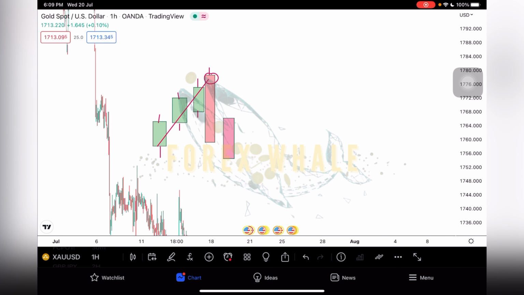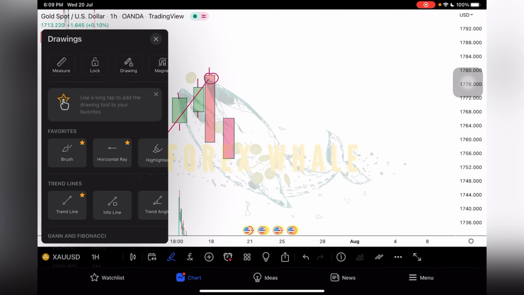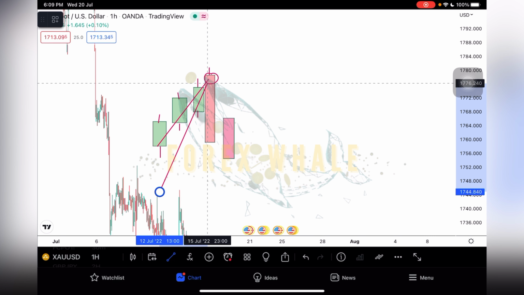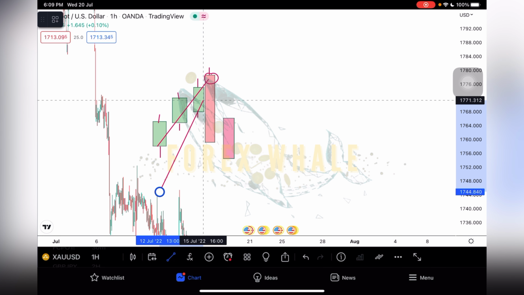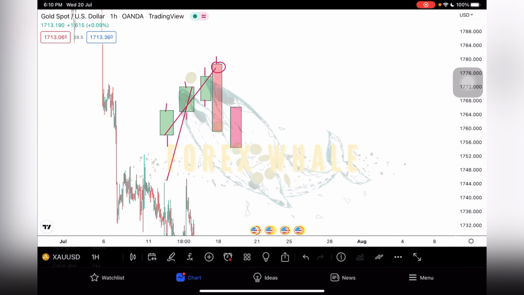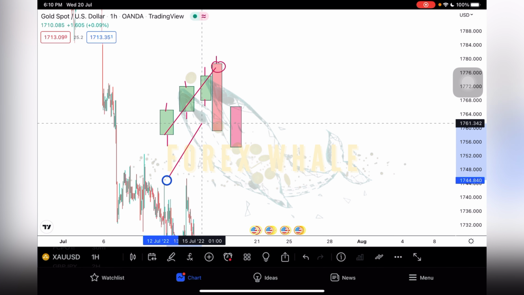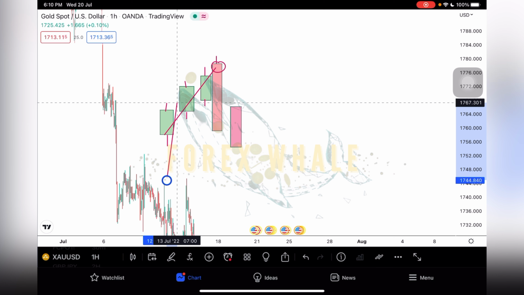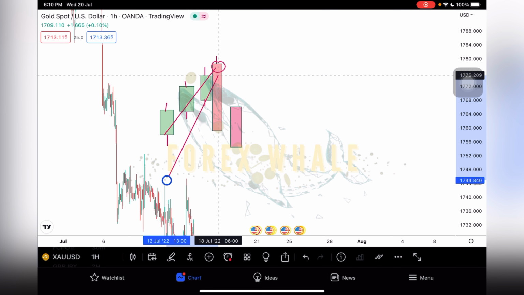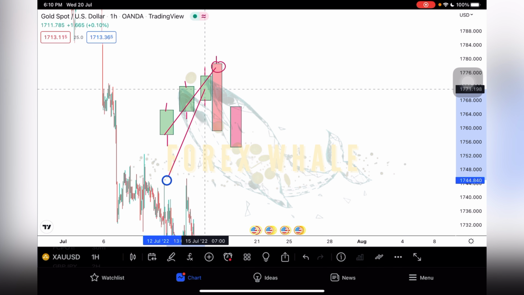As you can see, the body of this bearish engulfing candlestick engulfs not just one candlestick formed during the previous one, but it also engulfs the second one here. This body is definitely bigger than the previous candlesticks, not just one but two.